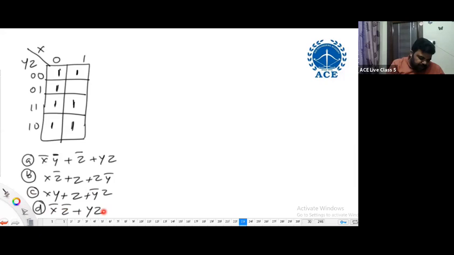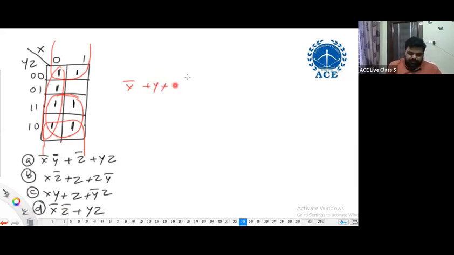What is there in this? Very simple, right? Grouping. This one plus this one and also this one. Then what do we get here? X bar. Correct. Next, what is this one? Y plus what is it here? Z bar. But that option is not there. Am I right?